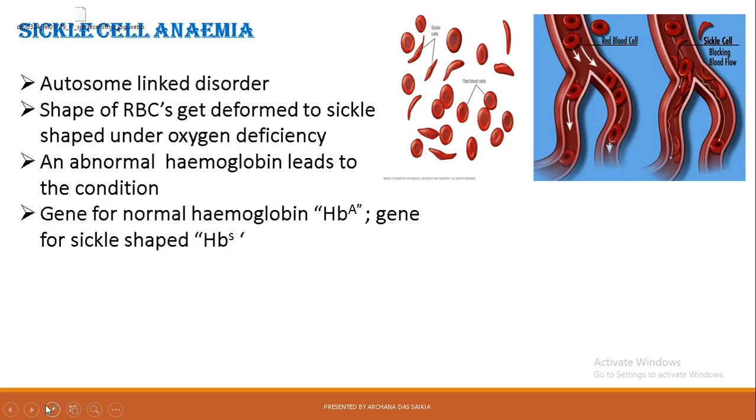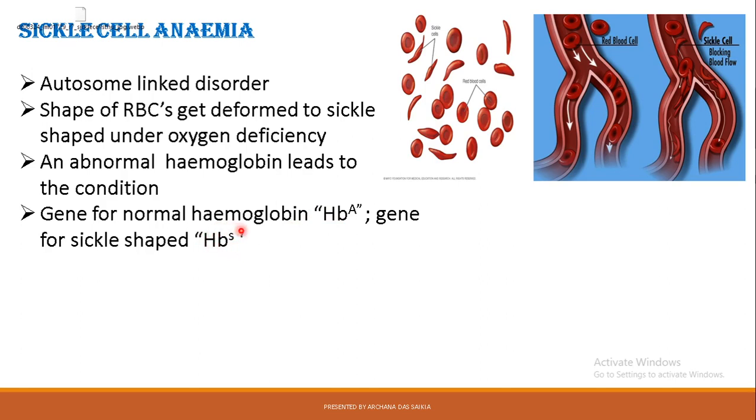The gene for normal hemoglobin is referred to as HbA. The gene for sickle shaped hemoglobin is HbS. We are representing it in this manner. This is a recessive gene.